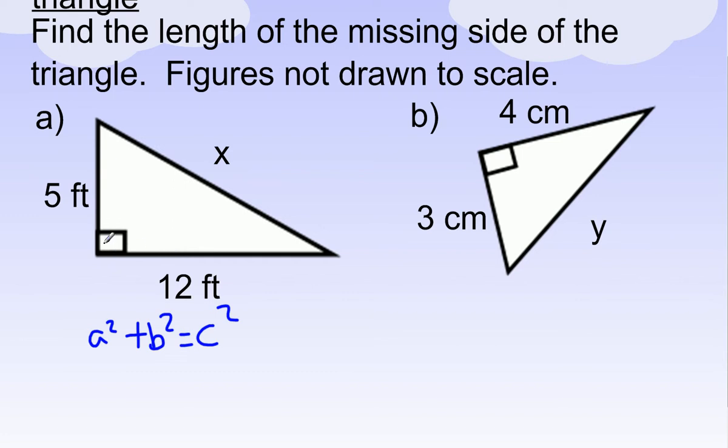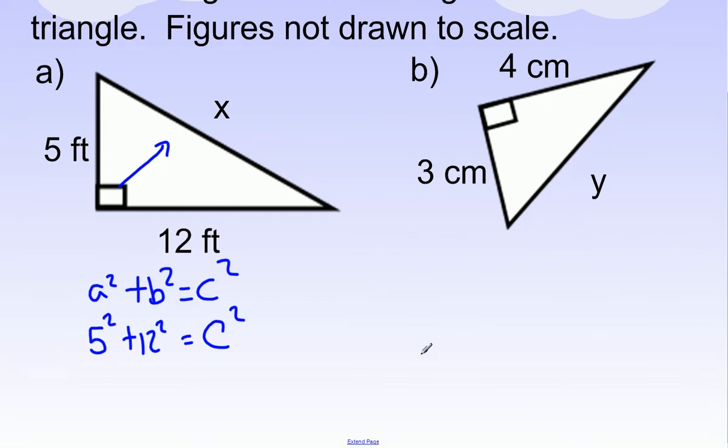Since this is my right angle, that side is the hypotenuse, so it's going to be my letter c. Since I don't know what it is, I'm going to leave it c. My a and b are just these other two sides, so it doesn't matter which way you put it. You can put 5 squared plus 12 squared, or 12 squared plus 5 squared. You're going to get the same answer.